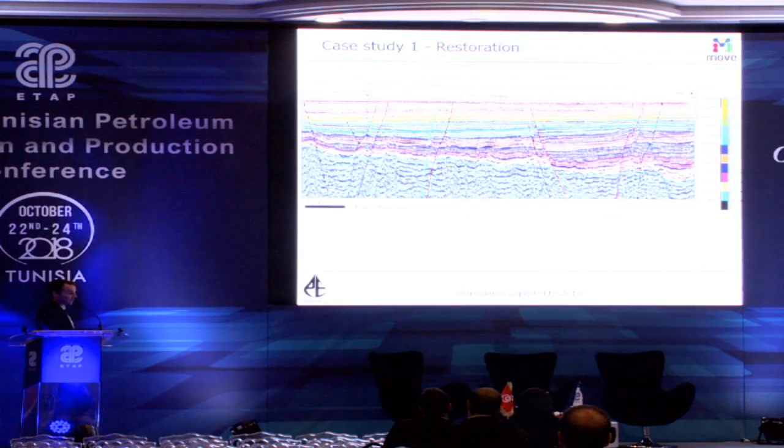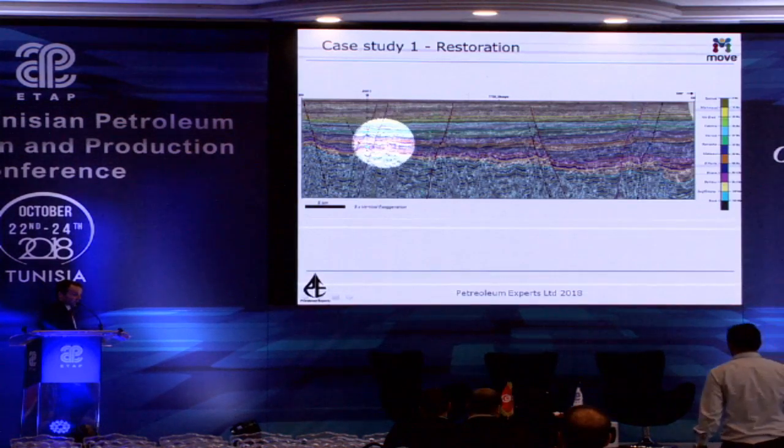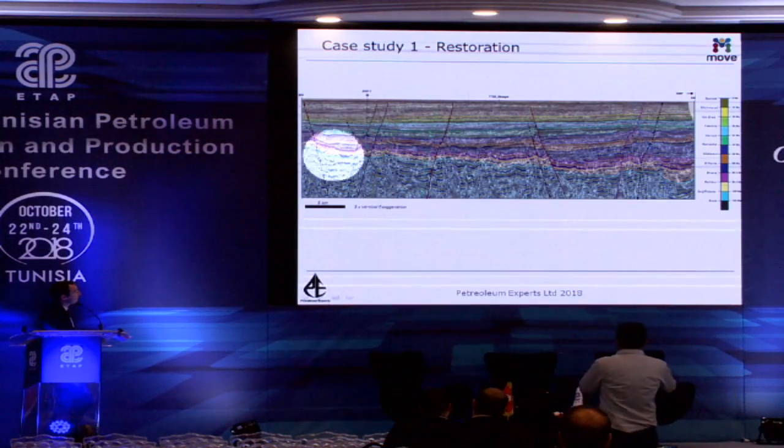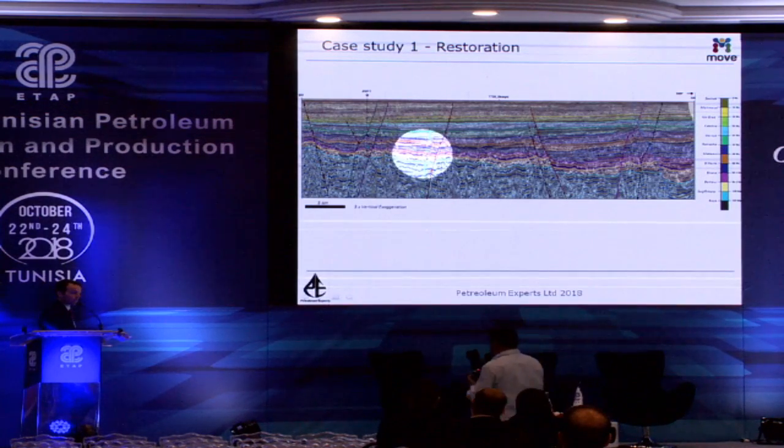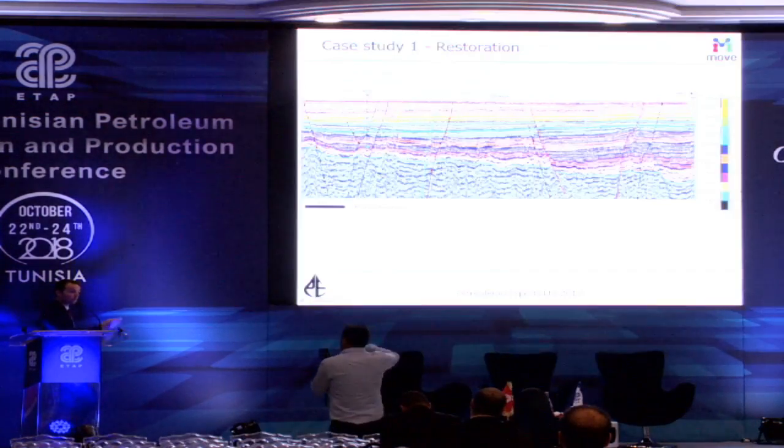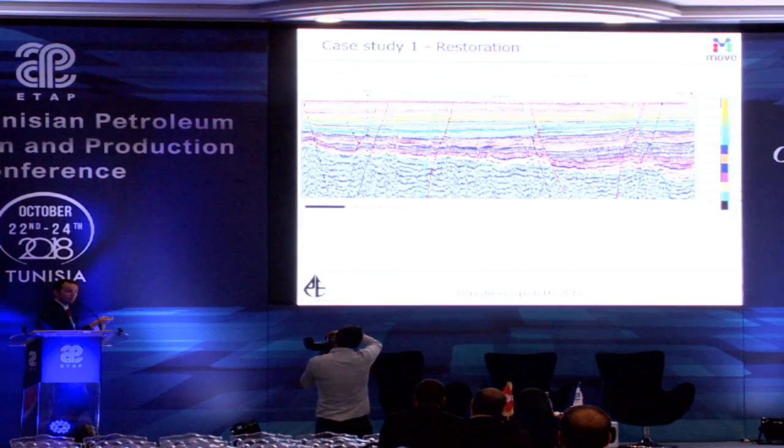This is about 3 times vertical exaggeration. And the area that we're interested in is over here, and you can see that there's some fault offset. It's not huge, but there are faults that do completely offset the reservoir and the source. So the main reservoir is the Bareno Dulab, and the main source in the area is the Balul.